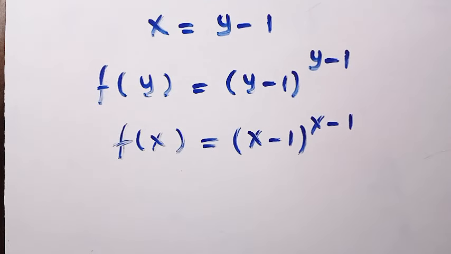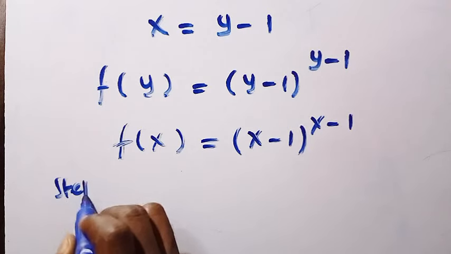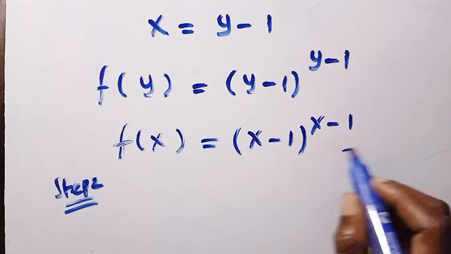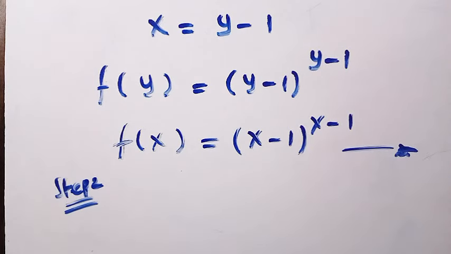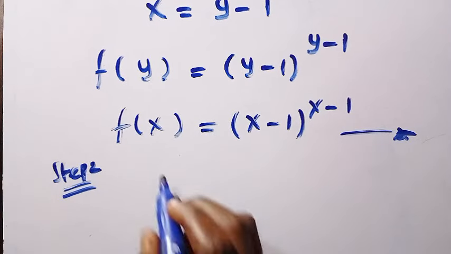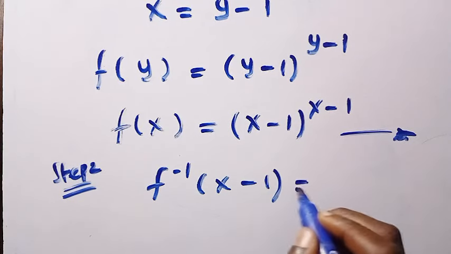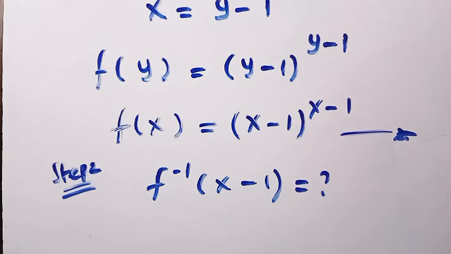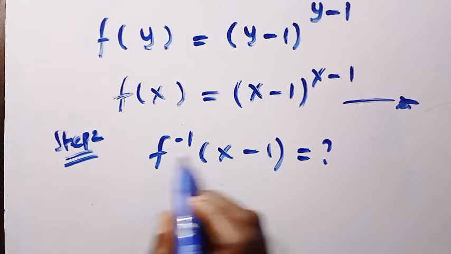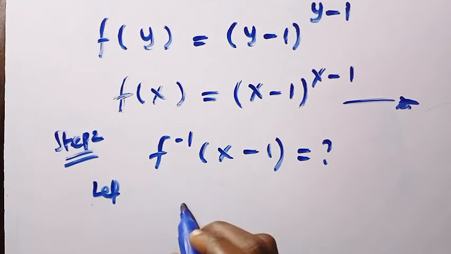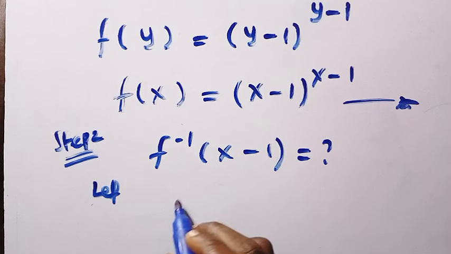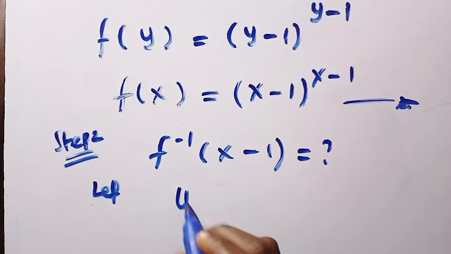Note this as step 1. Let's consider this as step 2. In step 2, we want to find f inverse of x minus 1. Suppose I let the whole of f inverse of x minus 1 be u.